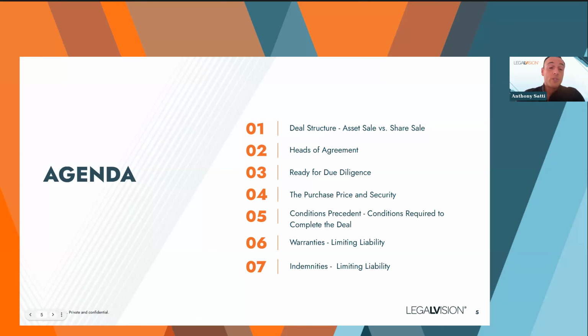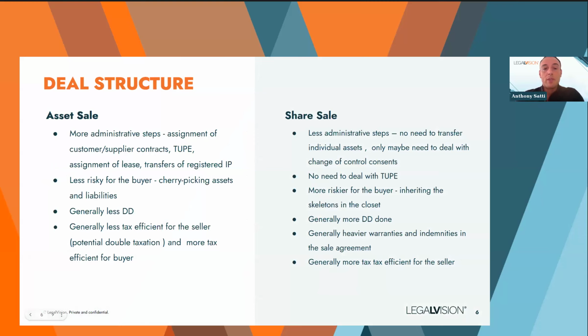So on the next slide, the first issue we want to discuss, and it's always one of the first key decisions you as a seller need to make, is whether you're selling your business as an asset sale or a share sale. An asset sale is where all of the business assets are sold to the buyer, versus a share sale where you are selling to the buyer all or most of the shares in the company that you've been operating your business through.